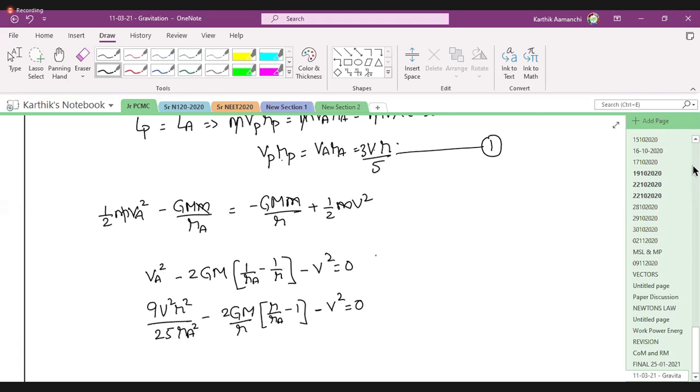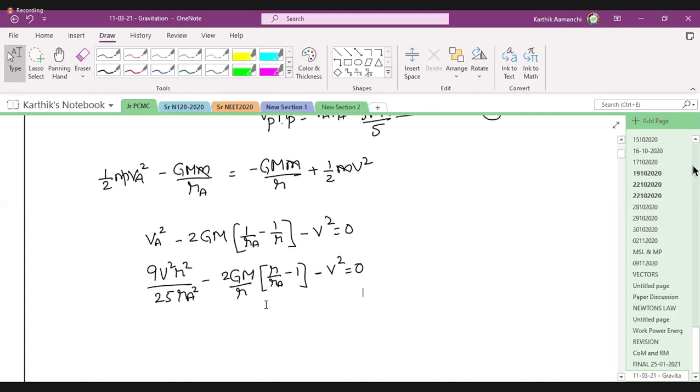So I'll substitute G. See, here I want to change it into something.